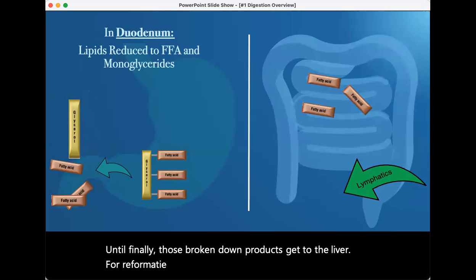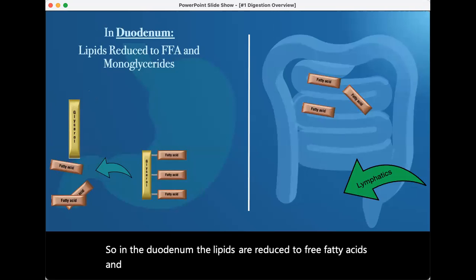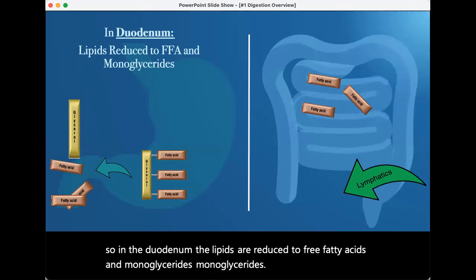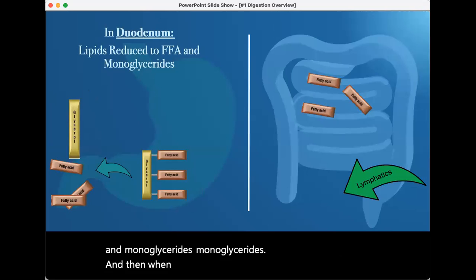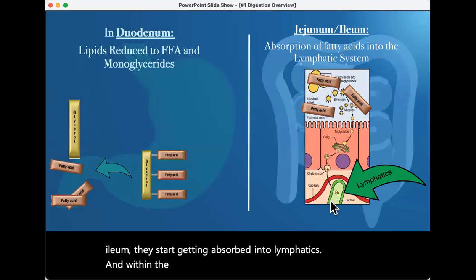So in the duodenum, the lipids are reduced to free fatty acids and monoglycerides. And then when those fatty acids get to the jejunum and ileum, they start getting absorbed into lymphatics. Within the villi are these little lacteals. This is part of the lymphatic system.